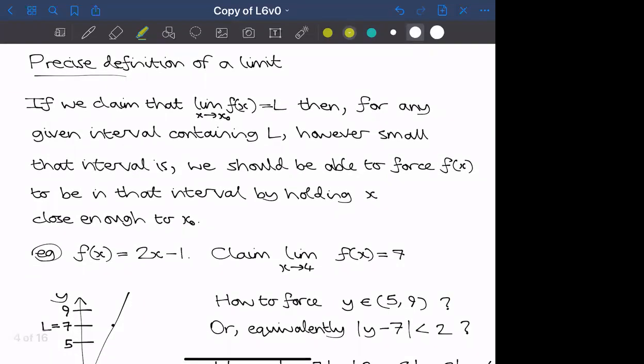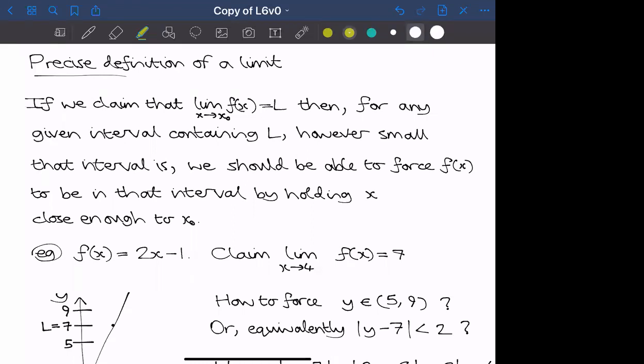So now we're ready to precisely define a limit. We said in words that the limit of f(x) as x goes to x0 is L if, as x approaches x0, the value approaches L. So let's be a bit more precise. So I wrote it out here.